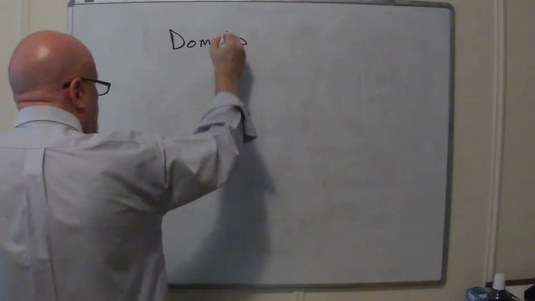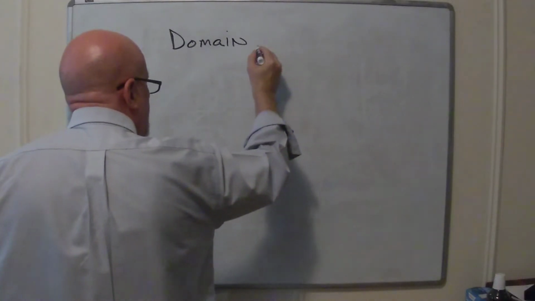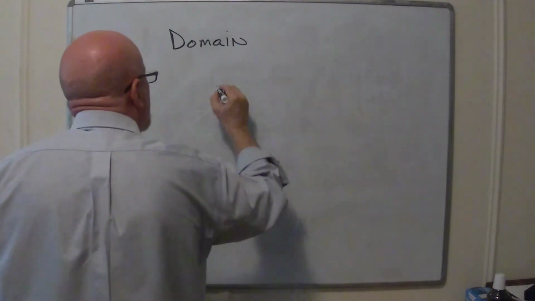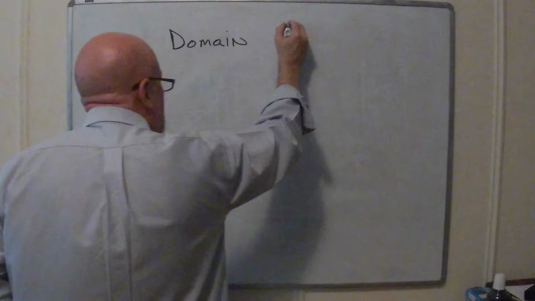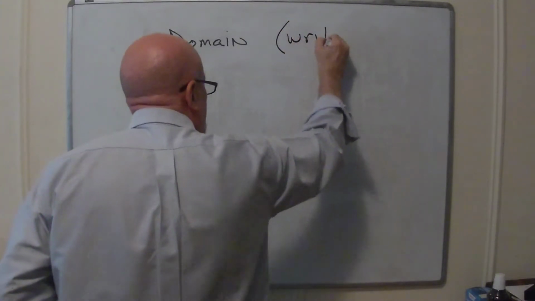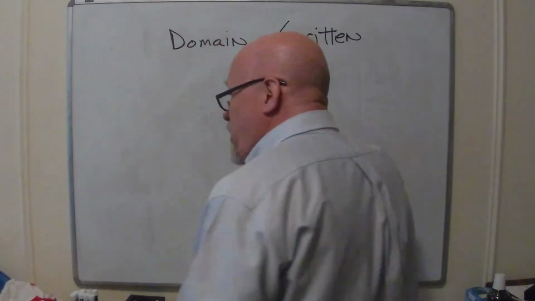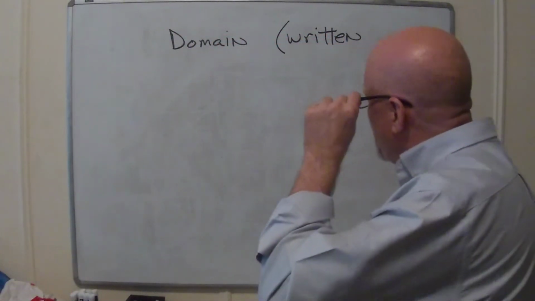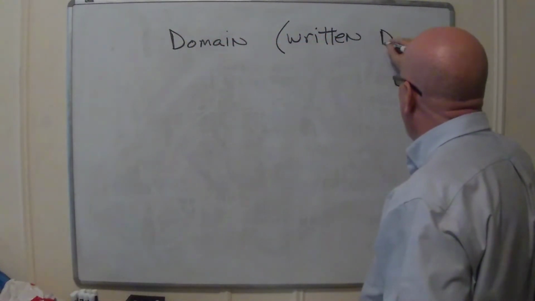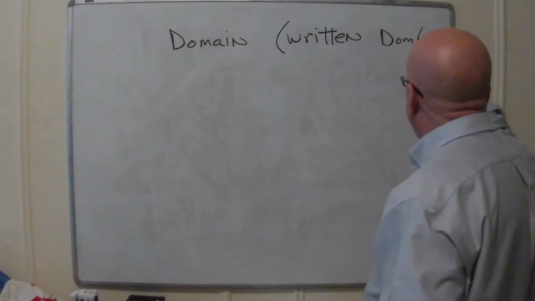So the domain, and by the way, the way to write that, let's just say the domain is written using a notation that actually looks a little bit like a function. You write dom of f.